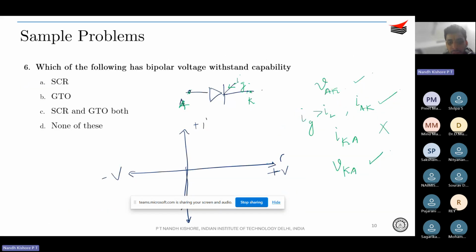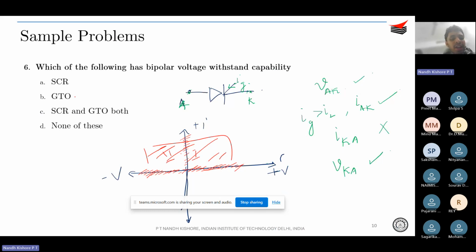It can block positive voltage, it can block negative voltage, and it can conduct positive current. That is, between quadrants 1 and 2 it can operate. So it has bipolar voltage withstand capacity. That's the case over here.